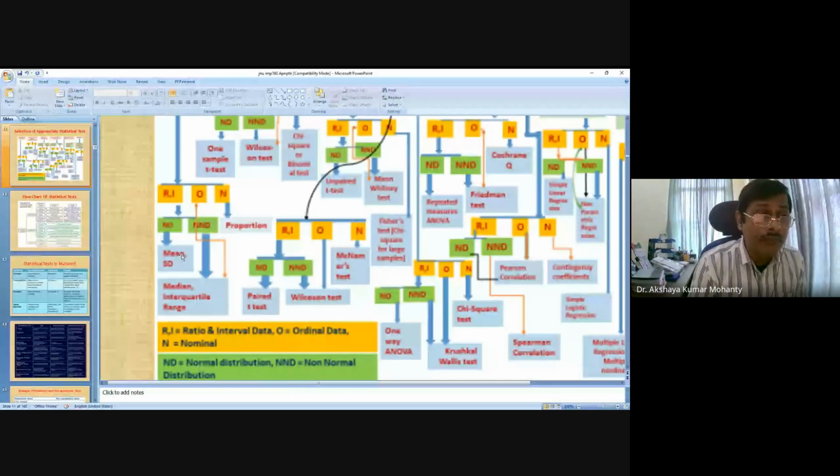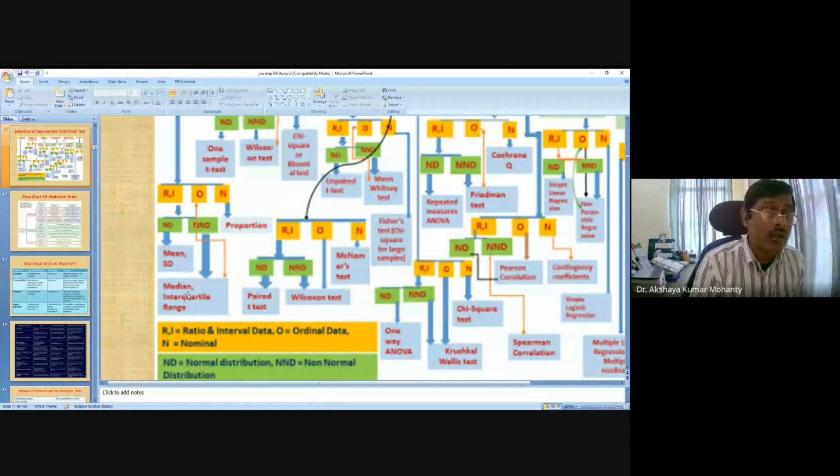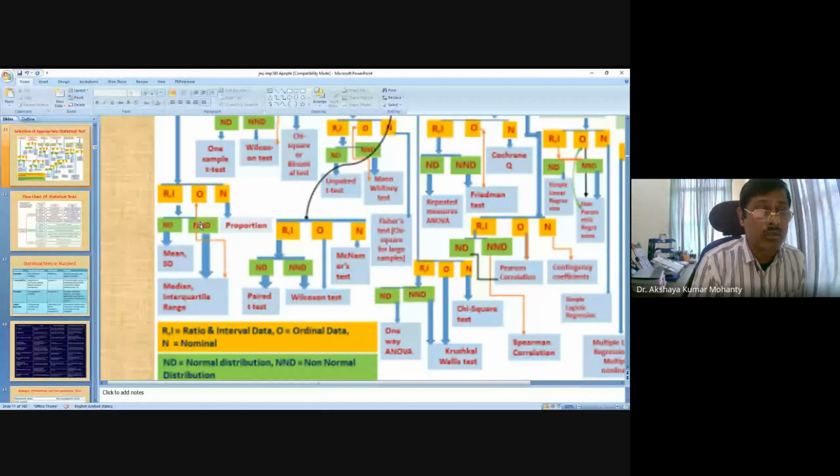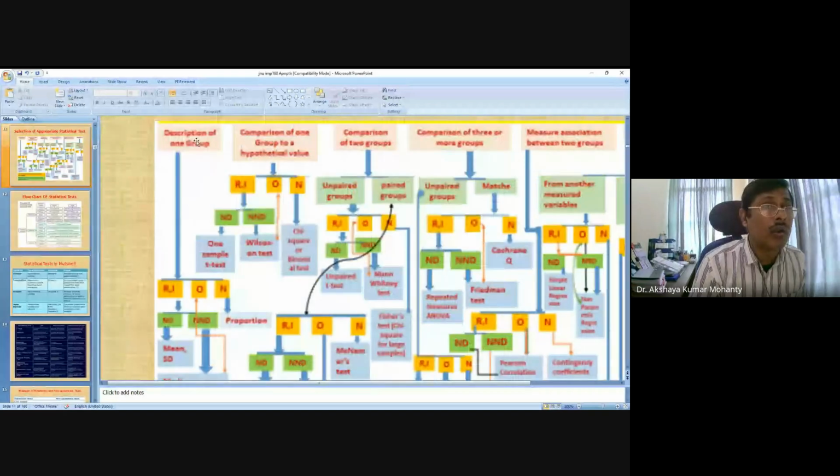Now if it is not normally distributed, you have the option: you can use the median, the interquartile range, or the range if the data is ordinal. Are you getting me? You can use the median, interquartile range or range if it is a non-normal distribution. So now three scales are covered under one group.